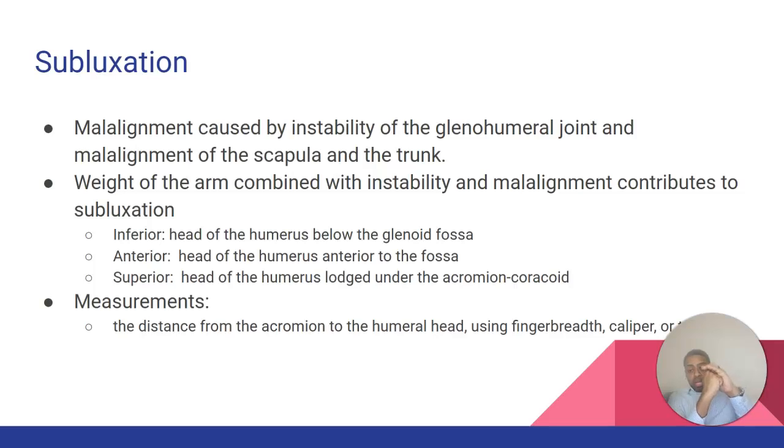Anterior subluxation means that the head of the humerus is popping forward. And superior subluxation is where the head of the humerus is lodged under the acromion and coracoid, so it goes up. Clinically, I believe the most common ones are inferior and anterior subluxations, and you can see them both occur at the same time.